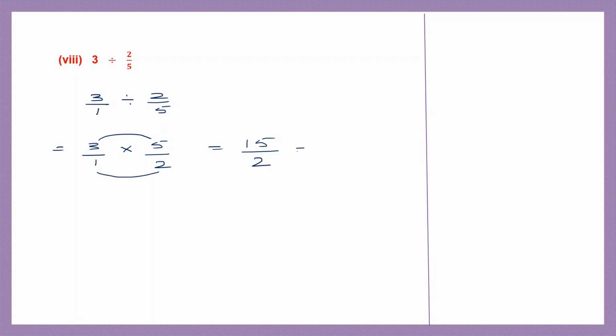So here we have 15 by 2. This is an improper fraction. Let's convert it to a mixed number. 2 7's are 14 minus 1. So here we can write this as 7 1 by 2. So our final answer here is 7 1 by 2.